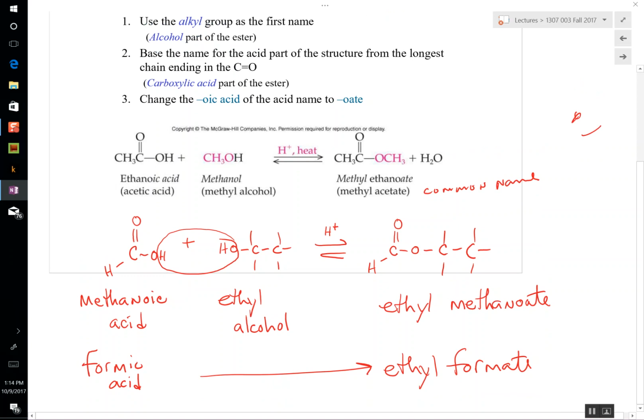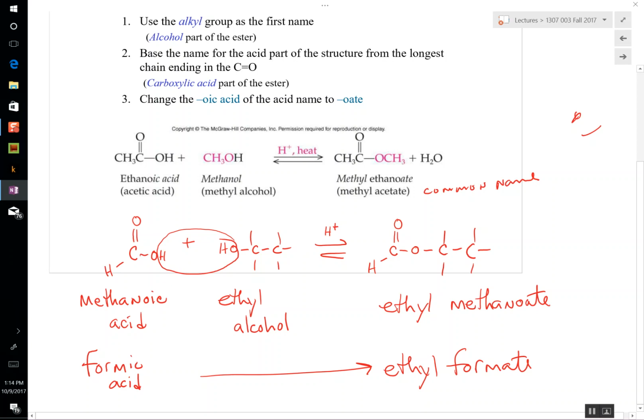Okay, so just compare this name with that name. Methyl ethanoate, here we have ethyl methanoate. So you have to look at the two parts of your ester and scope it out well. I've got a 1 carbon that is holding the carbon-oxygen double bond.